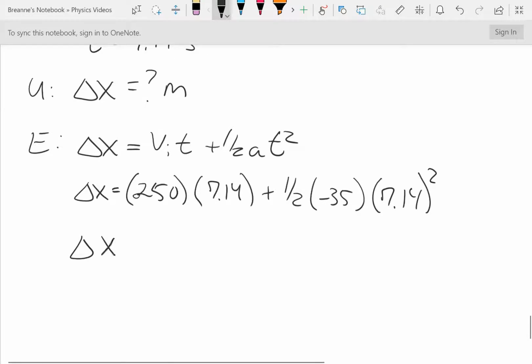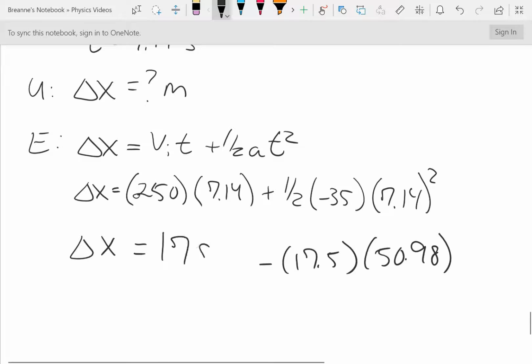At this point in time, you have to do PEMDAS. So you can square the time, and you're left with 50.98. You can go ahead and simplify the 1/2 and 35, so you're left with 17.5. It's negative, and you can go ahead and multiply the 250 times the 7.14, and that gives you 1785.